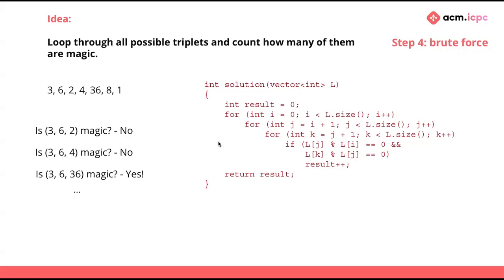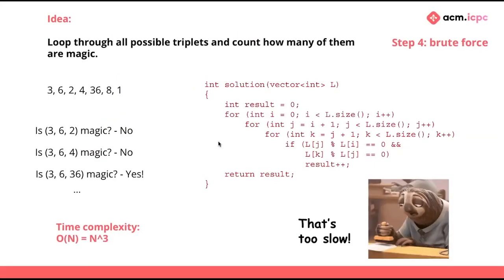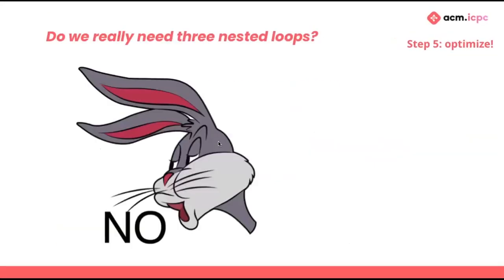You should probably look into a more efficient solution. So time complexity is n cubed and it's too slow. Do we really need 3 nested loops? Well, the answer is no. We can devise a better solution.